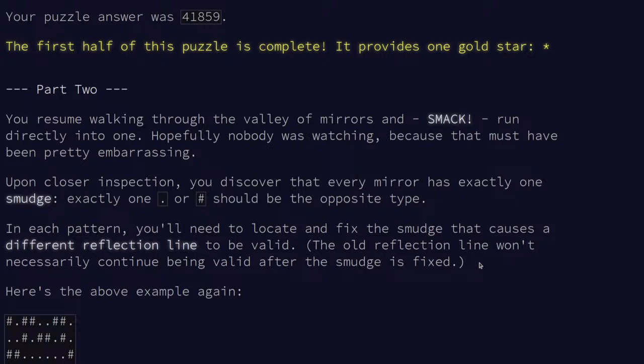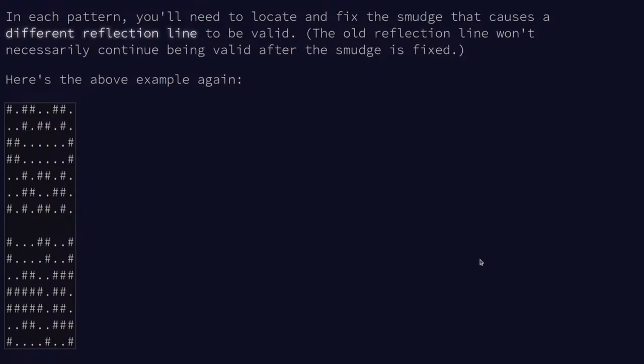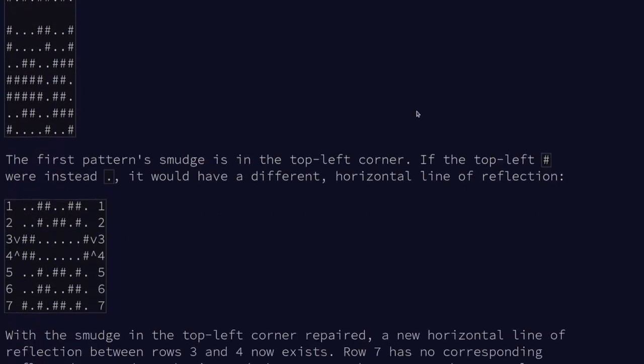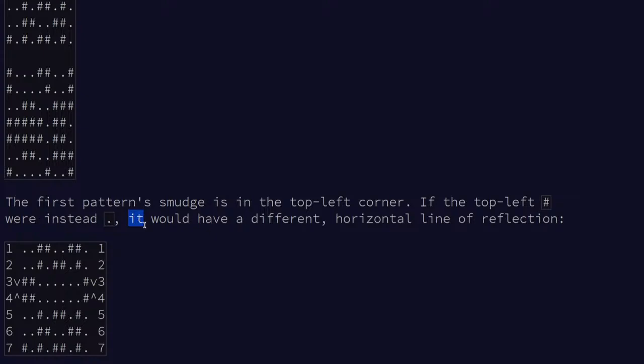The old reflection line won't. Exactly one of these is of the opposite type. The first pattern smudges in the top left corner. If the top left has a dot, I mean still the same confusion, right?